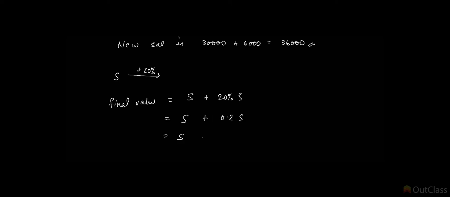You take the s out common, it becomes 1 plus 0.2, and that becomes 1.2 s, right? So you have to learn to do these percentages efficiently. You have to learn to quickly arrive at this scaling factor for any percentage change.